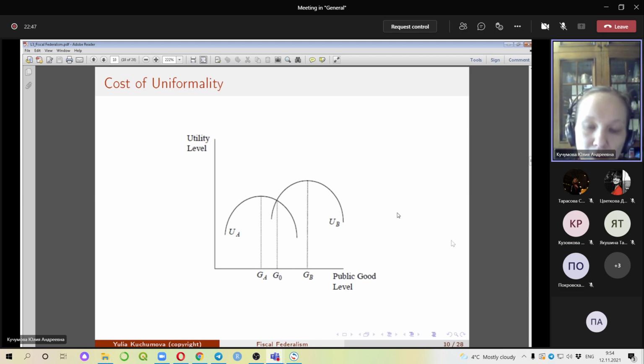This is illustrated by the optimal level GB that they would prefer by themselves. So if they would choose a public good only within their group, the optimal level of public good for them would be GB.